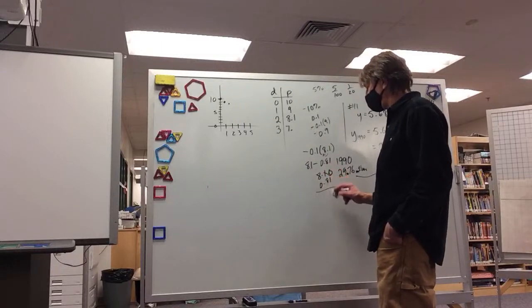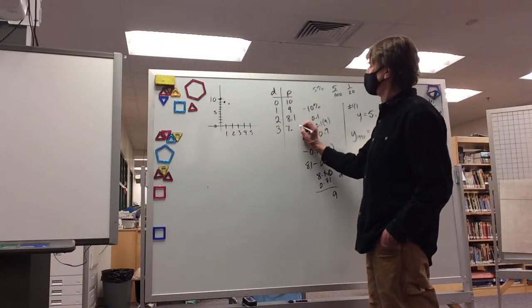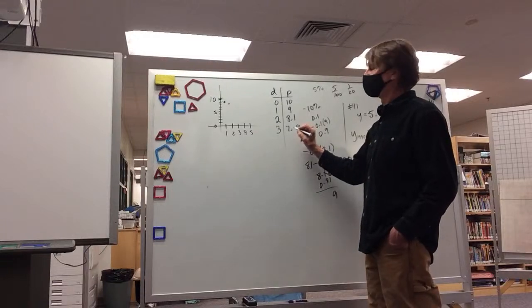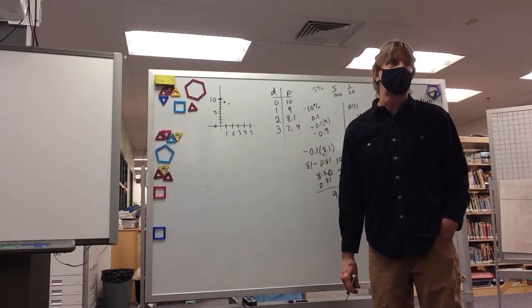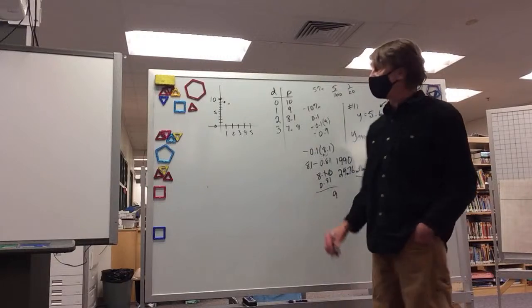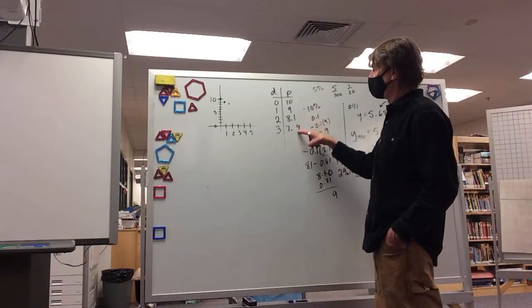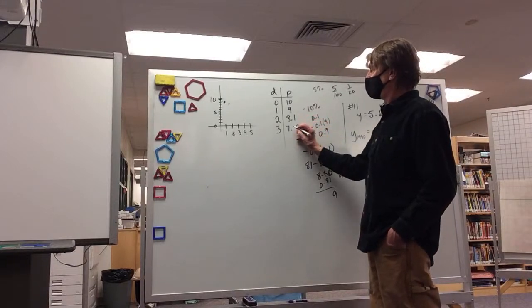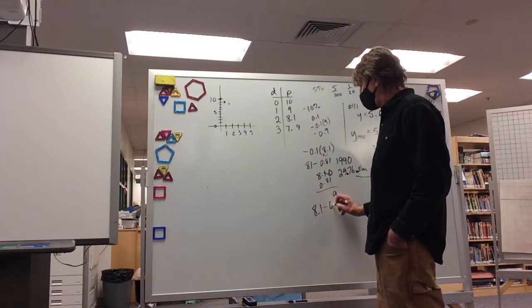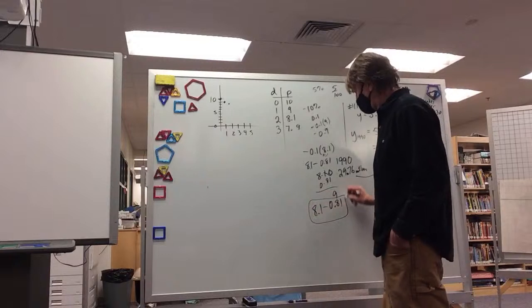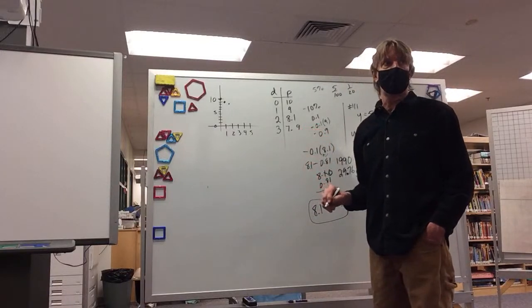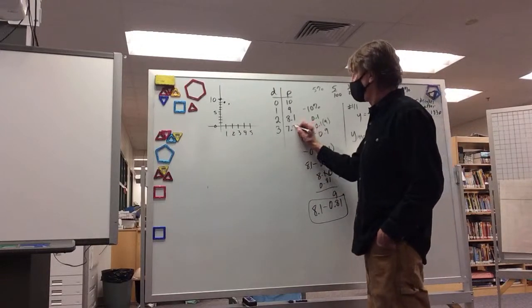What's 8.1 subtract 0.81? 7 point, how much? 7.29.